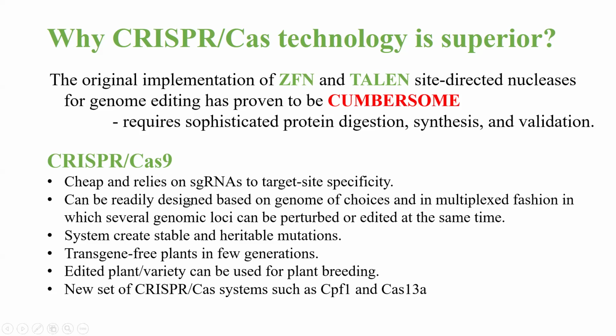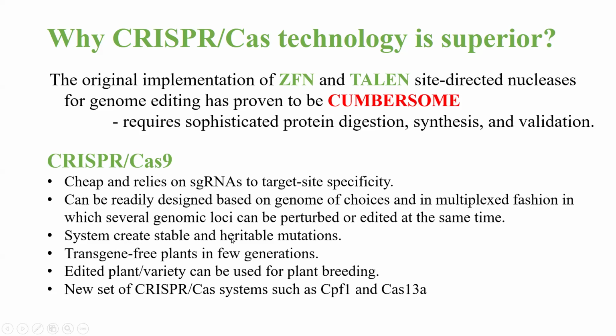Depending on the gene or the genomic loci you are targeting, you design the guide RNA and make the CRISPR-Cas9 complex. So at a time, many places you can edit.